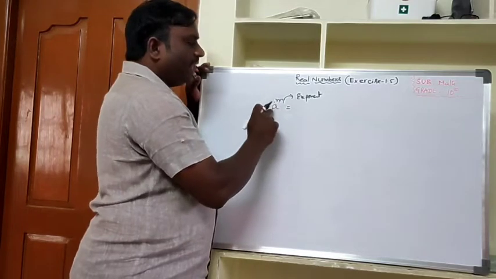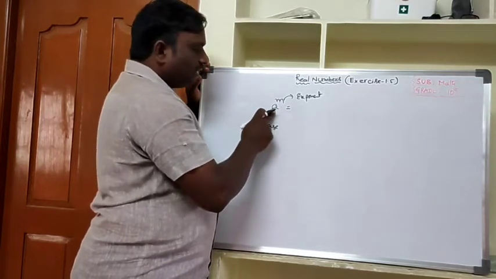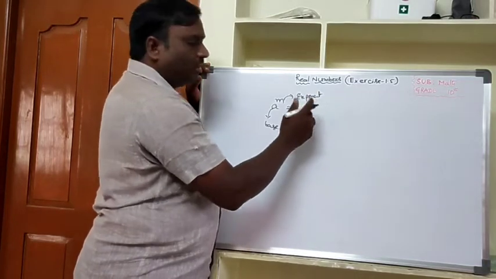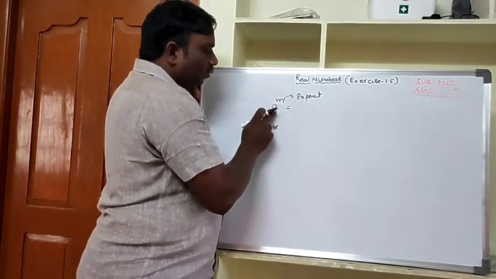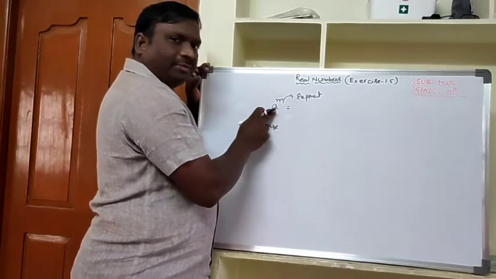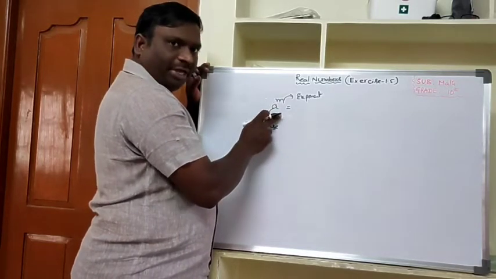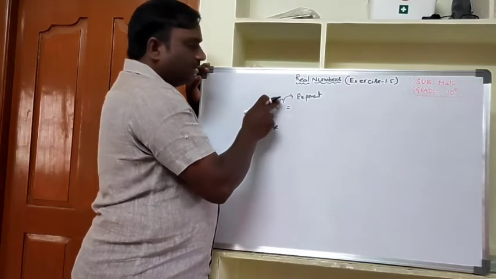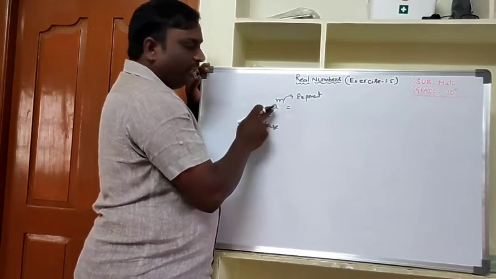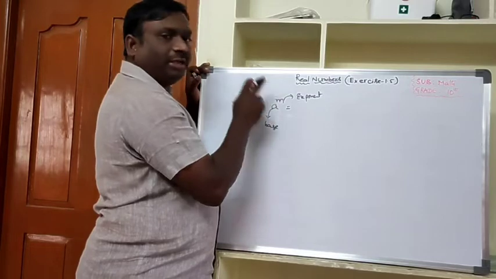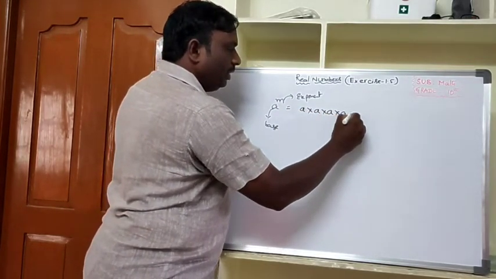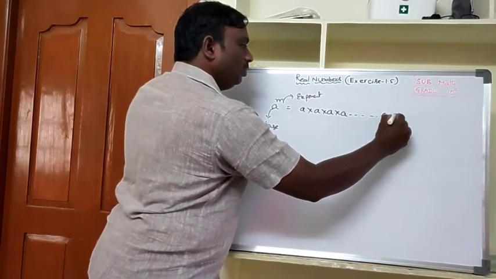So how can we write this exponential form? We have to expand this exponential form into factors. The exponent says how many times we have to multiply the base. That means the base is multiplied m times, that is a into a and so on up to m times.